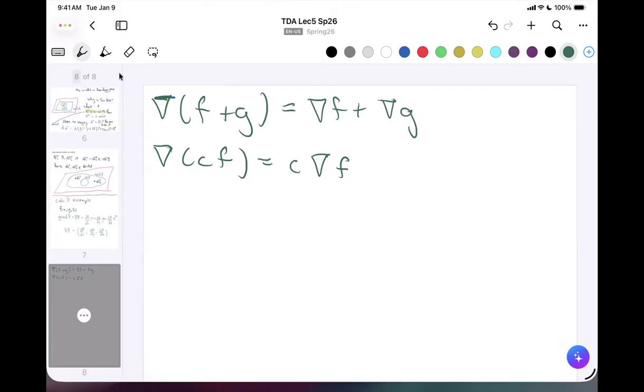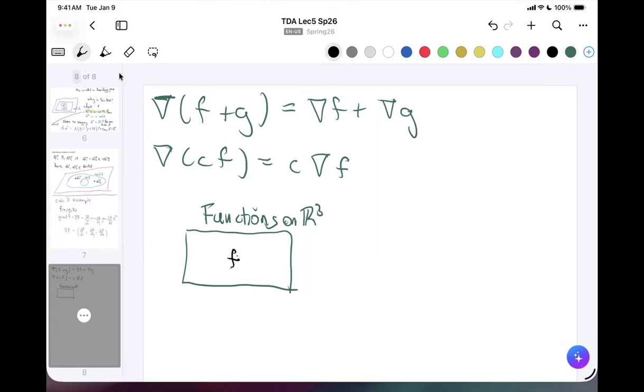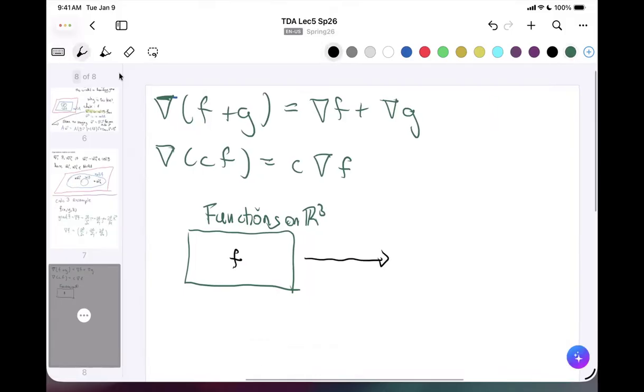So one way to think about it is, let me do my diagrams. Here is where all the world of functions live, so functions on R3. Here you have a function f, and what the gradient does is produce a vector field.